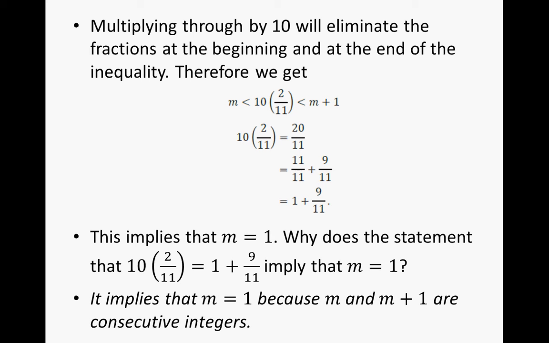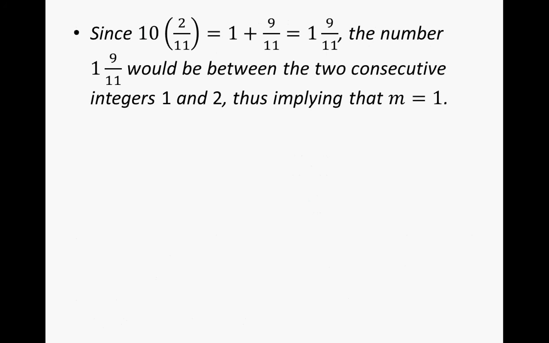Well, it implies that m is 1 because m and m plus 1 are consecutive integers. So the m is the first integer, and the next integer would obviously be 2. Since 10 times 2/11ths is equal to 1 plus 9/11ths, the number 1 and 9/11ths would be between the two consecutive integers 1 and 2. Therefore, m has to be 1.